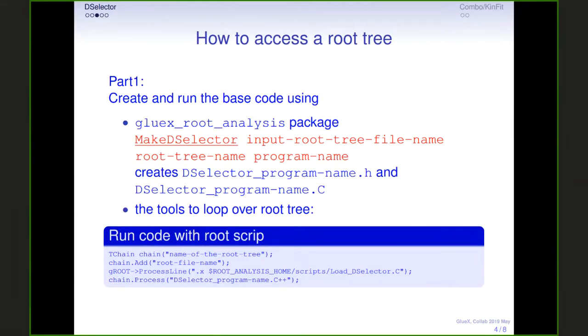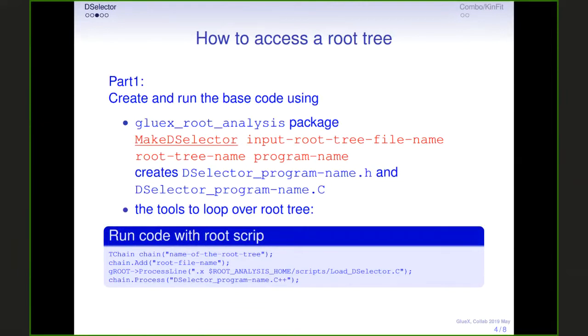We'll talk about that later. Now, to use this program, to loop over the root tree and analyze it, is shown here. You create a chain with the root tree name. You add a file to this chain that contains this root tree.